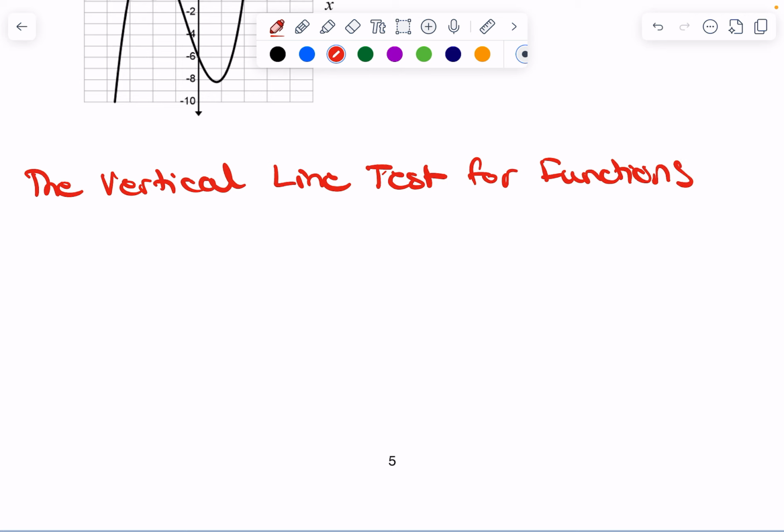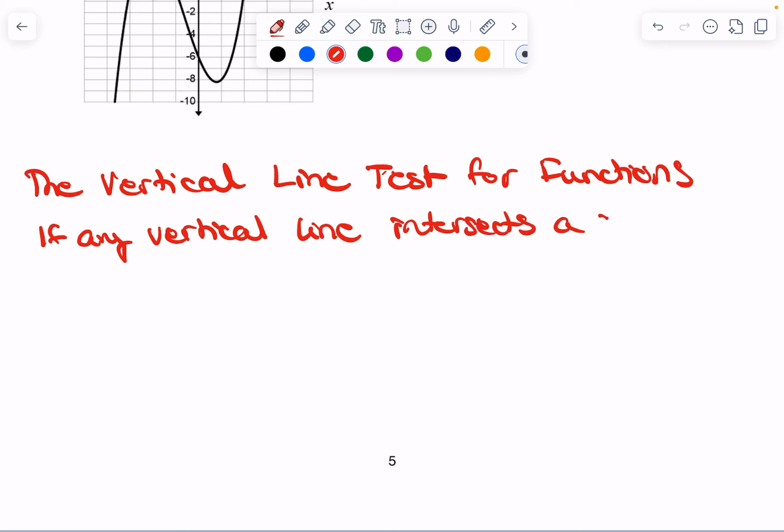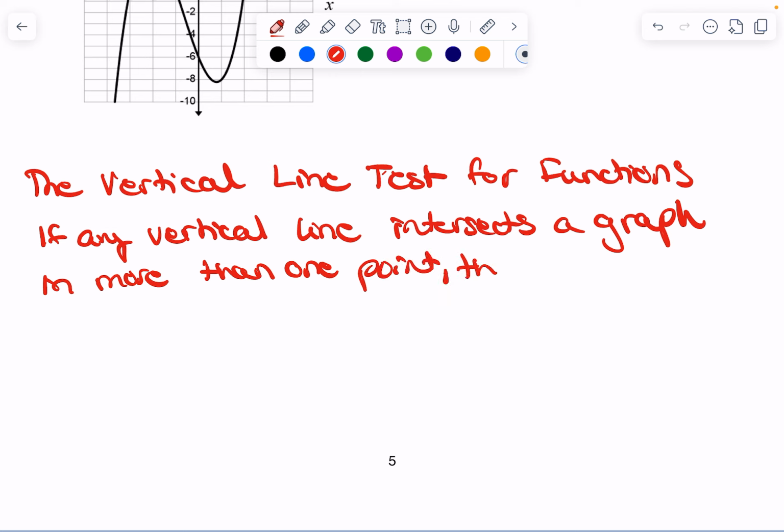What it means is that if any vertical line intersects a graph in more than one point, the graph does not define y as a function of x. So what does that mean?